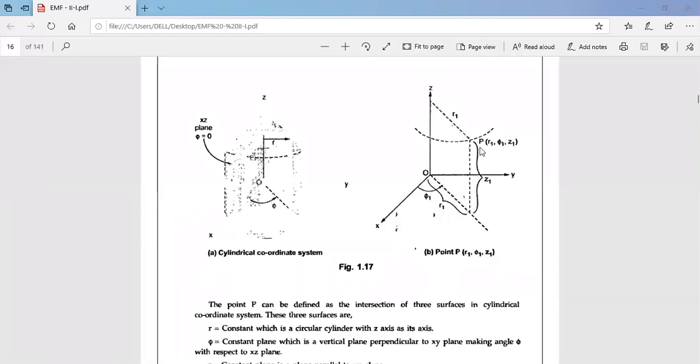If you want to find this point, R was 6, so you come here 6 meter, you go around from here 30 degrees, and you go up 3 meter.